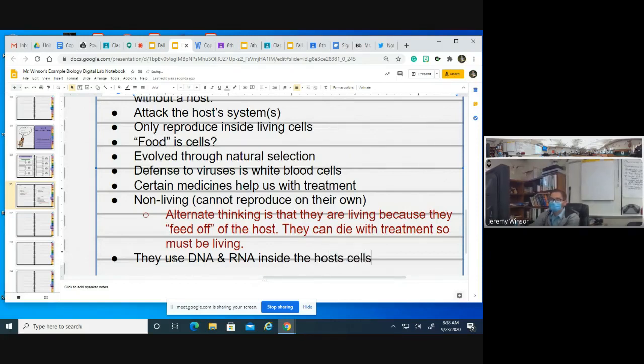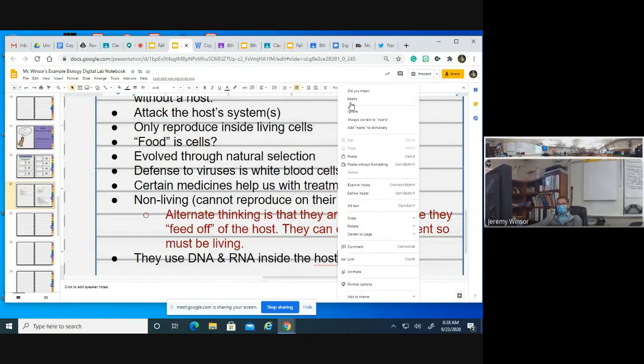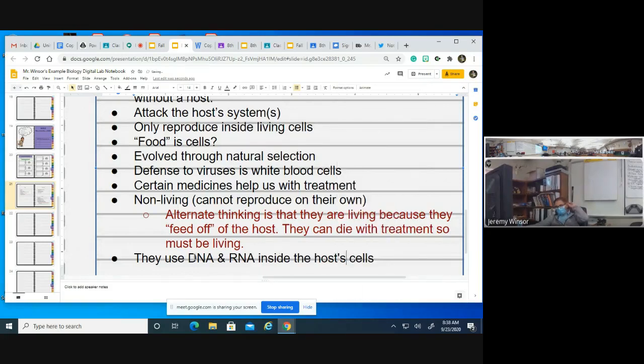Maybe I should say host cells. Interesting. I had not considered this idea of DNA or RNA. And so now I'm considering DNA and RNA, and I'm wondering, what is its role? Is it important to living things?